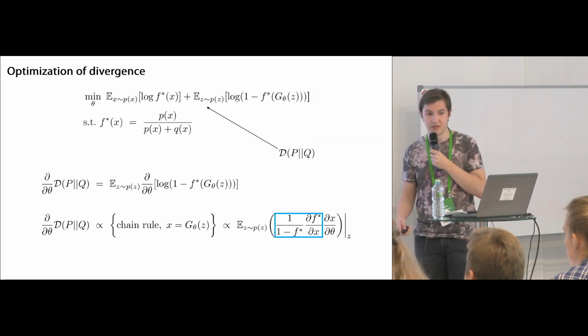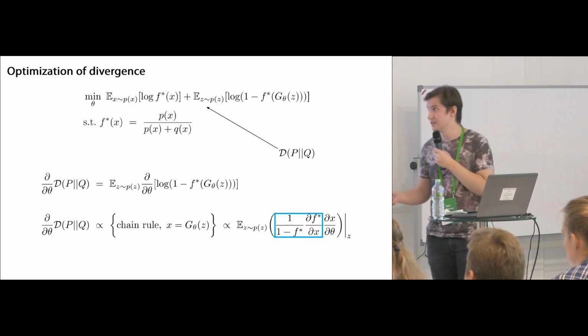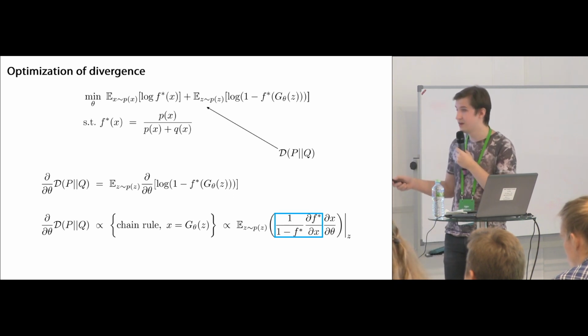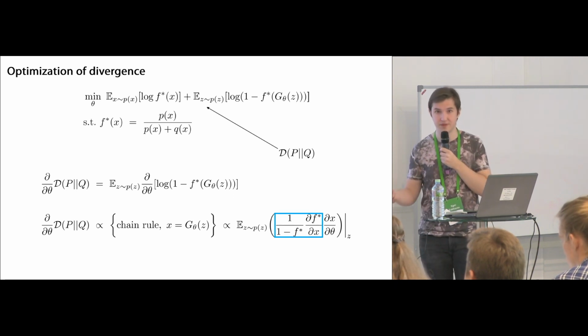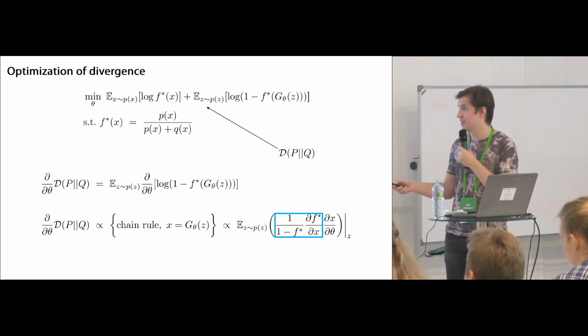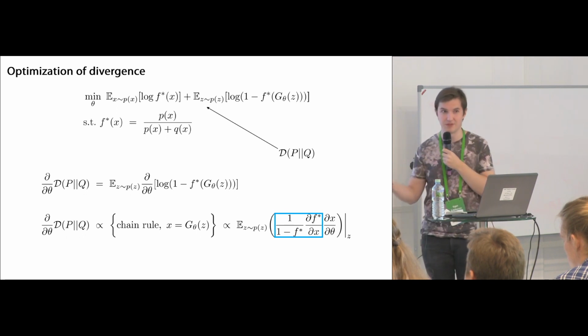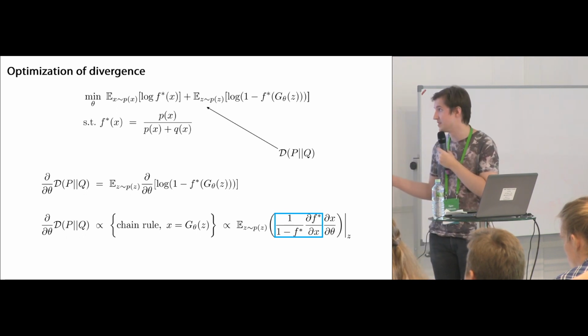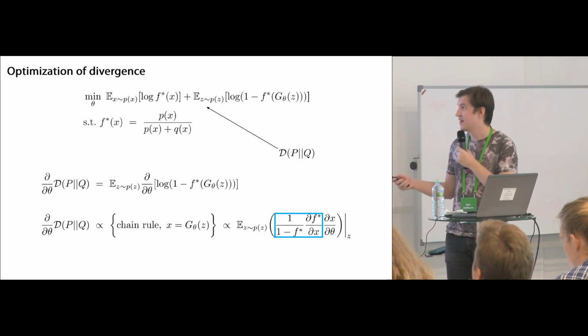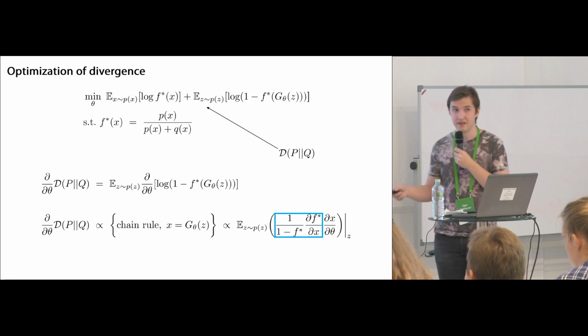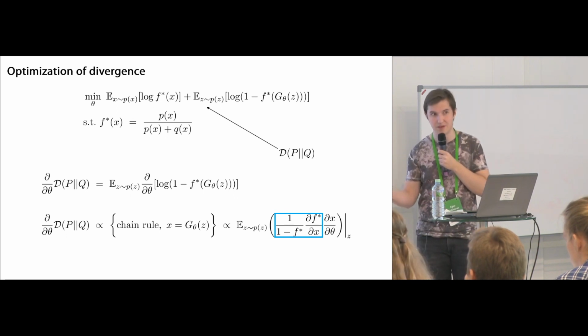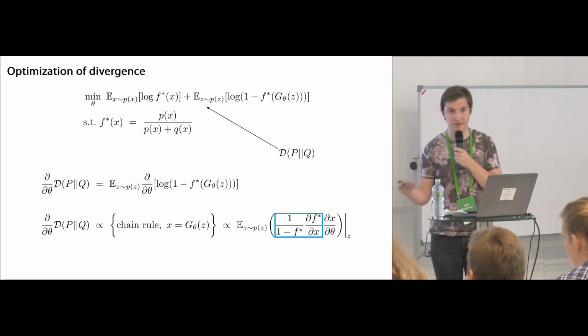And what you have to pay attention to is this multiplier that we have for each term inside the gradient. We approximate this expectation with some samples z and evaluate it, and for each sample we have this multiplier. If for each sample this multiplier is 0, we will have no gradient.